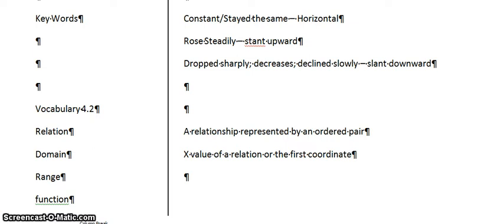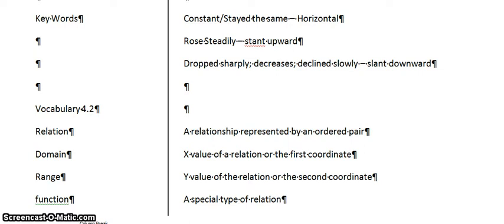And so if that's the x value, range is going to be your y value of the relation, or the second coordinate. And then a function is a special type of relationship where each domain is only paired with one range value.